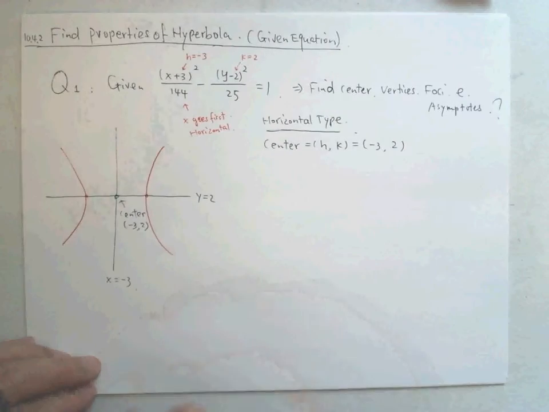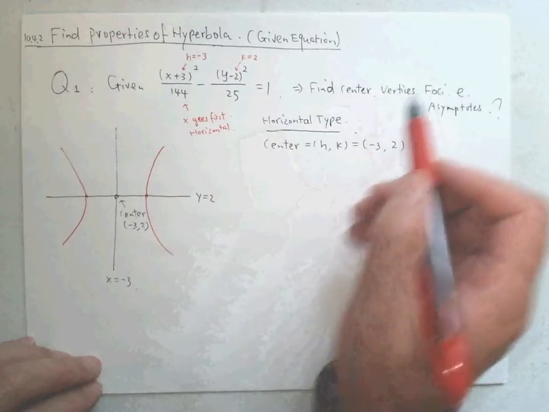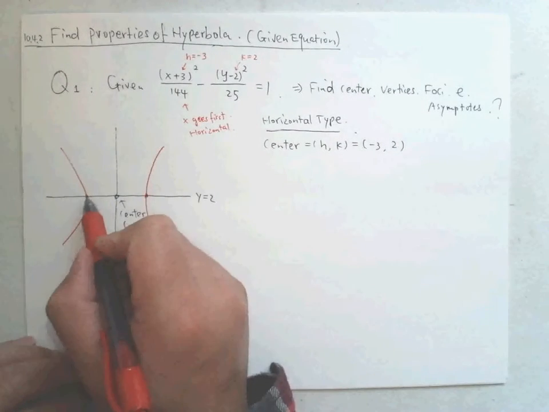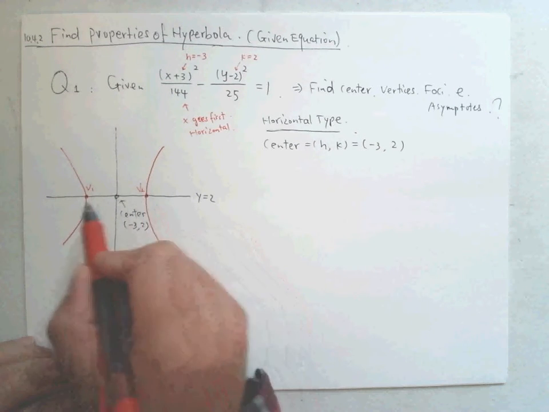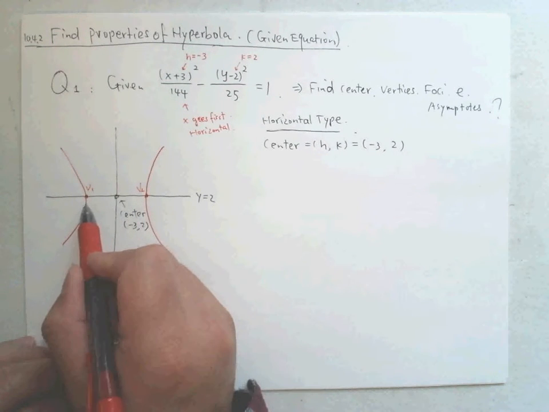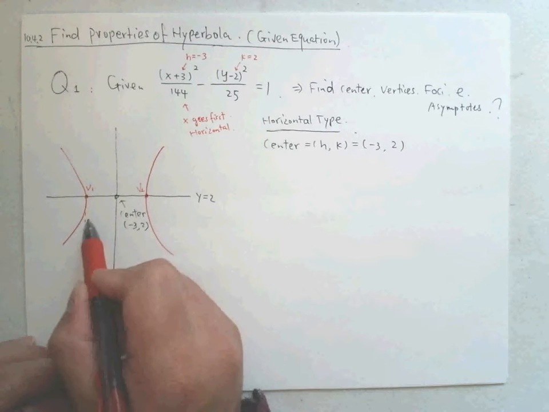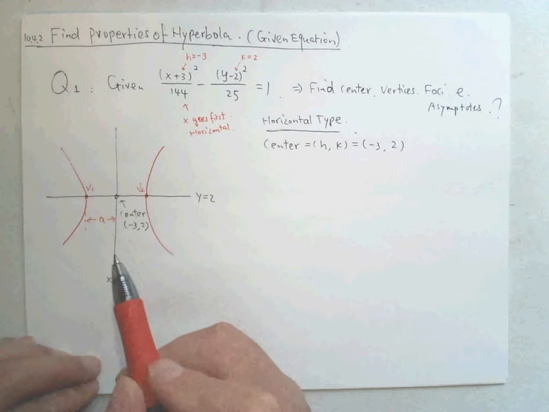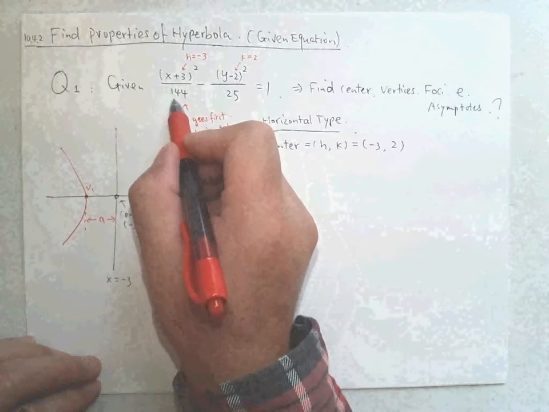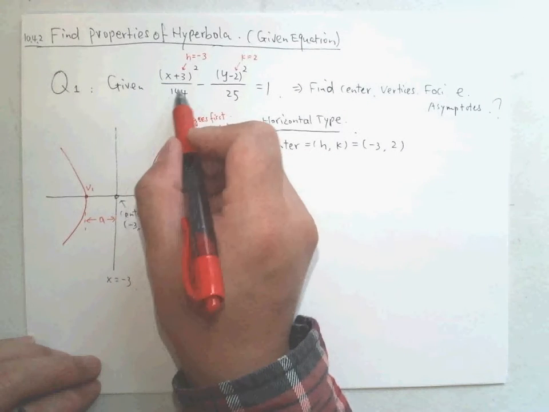Then we find one by one where the vertices are. If I say this is V1 and this is V2, how do we find V1? We know the distance. This is A. What is A? A always goes first.